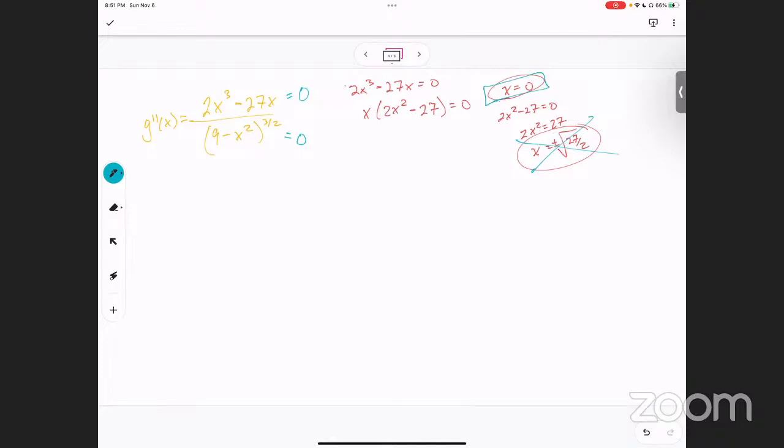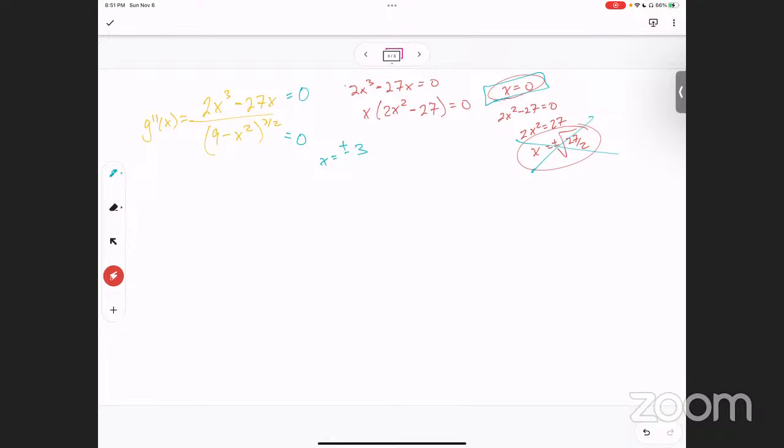How about in the denominator? What's the only thing I have to worry about in the denominator? Can you see what that would be? I think maybe also just 0. It's x equals plus or minus 3, not 0, because all I'm basically doing is setting this equal to 0. We already did that once before, right?